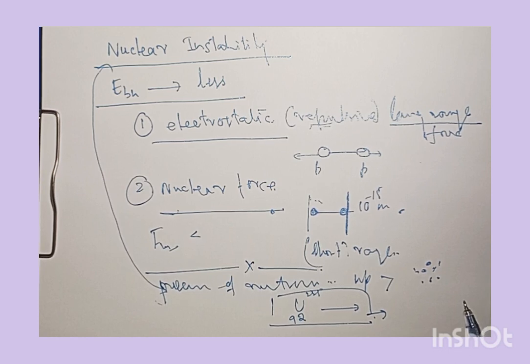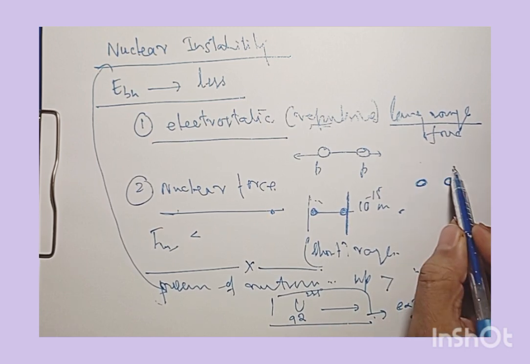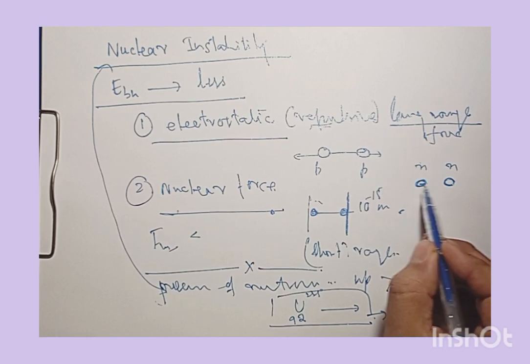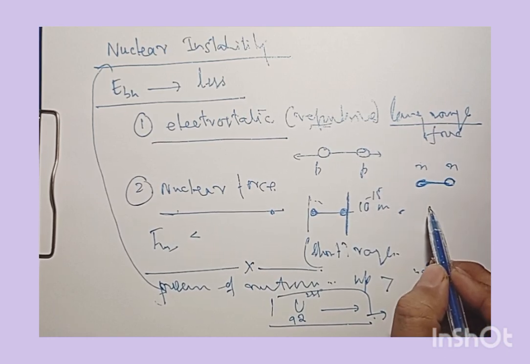This is why large or heavy nuclei, which have more protons, provide extra neutrons, and thus a heavy nucleus has more neutrons than protons. You have excess neutrons now because you have nuclear force between neutrons, and this force is attractive.